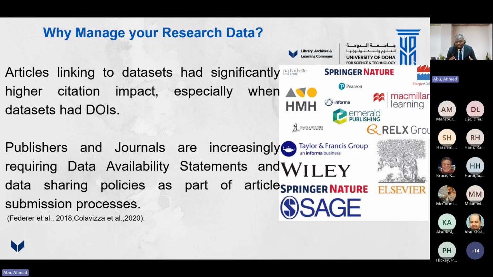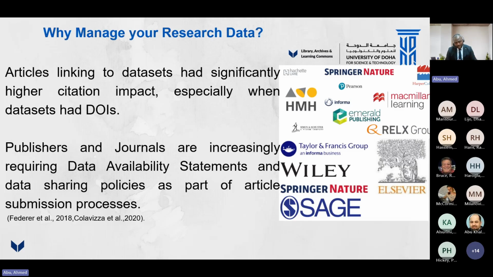So now it has become mandatory, part of the requirement for authors, to submit how they intend to share their data as part of submitting their manuscripts. So I did a very quick review of 50 articles that are affiliated to UDST on Scopus, and I can boldly say that most of the authors were using "data will be provided upon request" in the data availability statement.